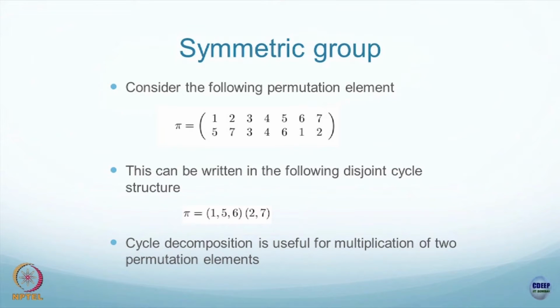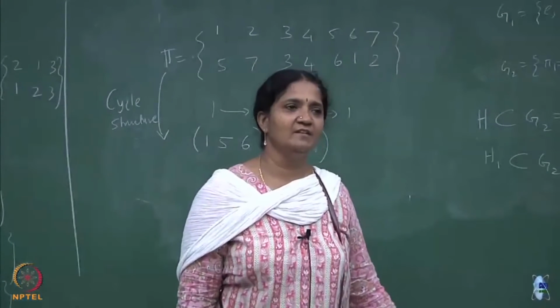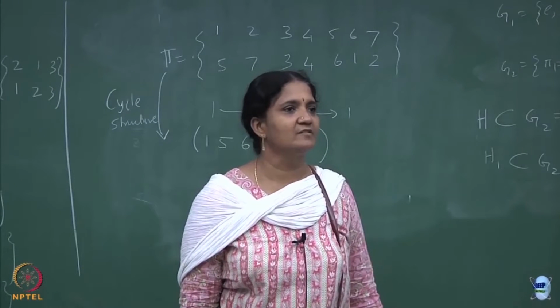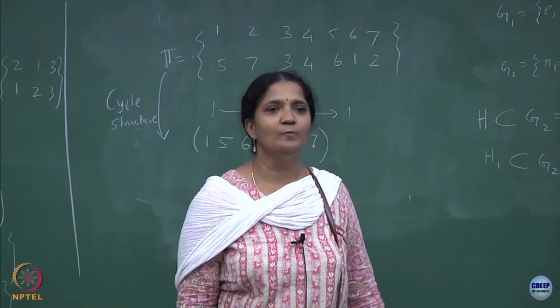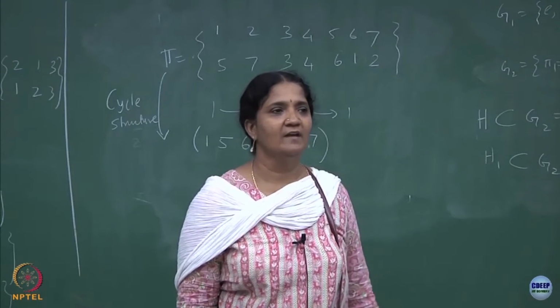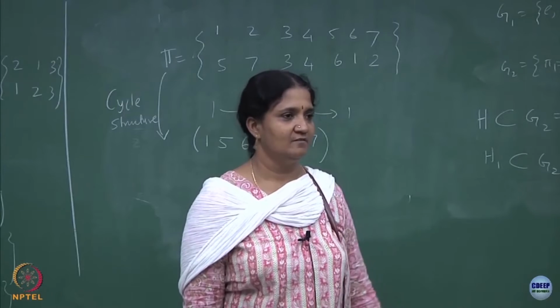So I am just writing the same element in a cycle structure. That these objects did not change, there is no need to mention it at all. Whatever will change is what we mention in the cycle structure, and the rest which I do not mention are going to remain unchanged.